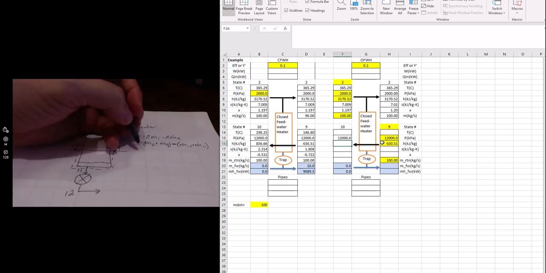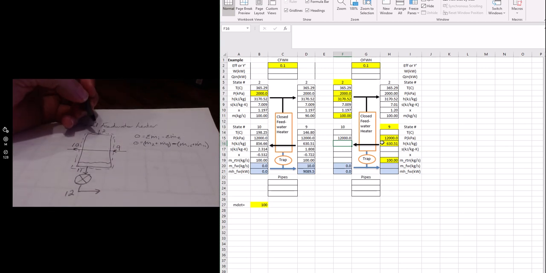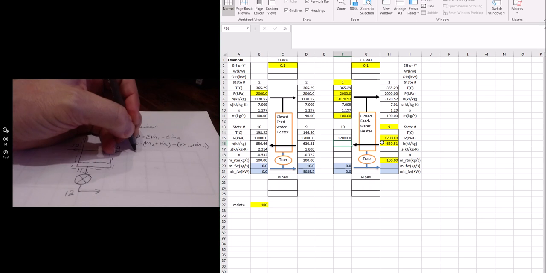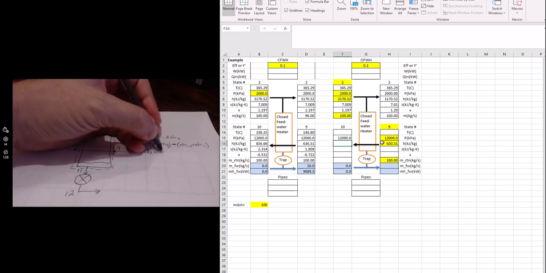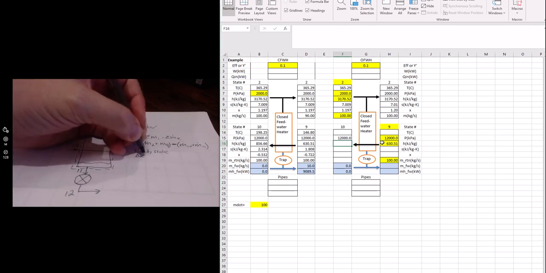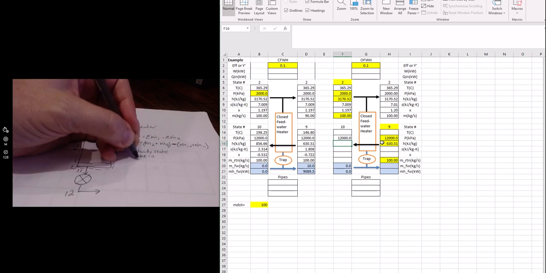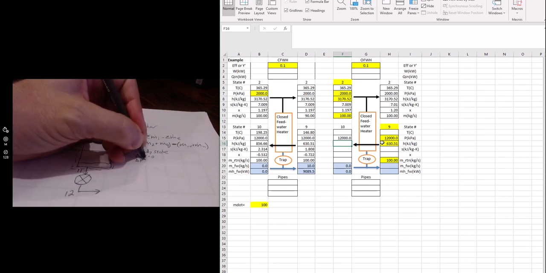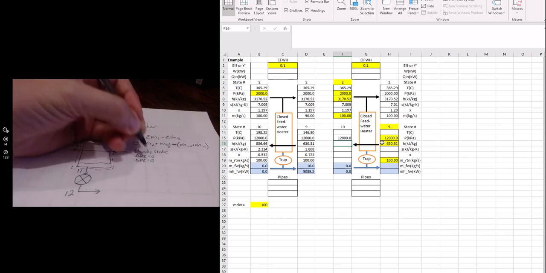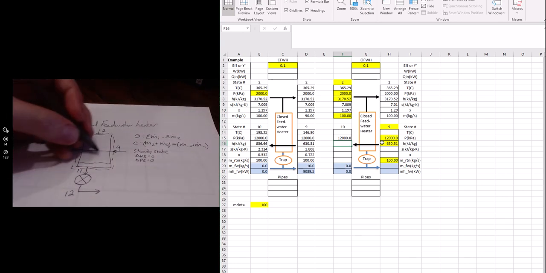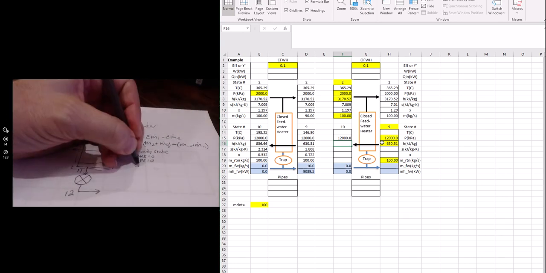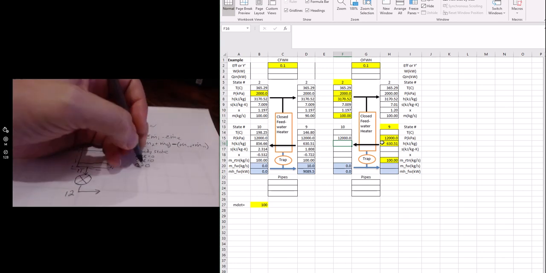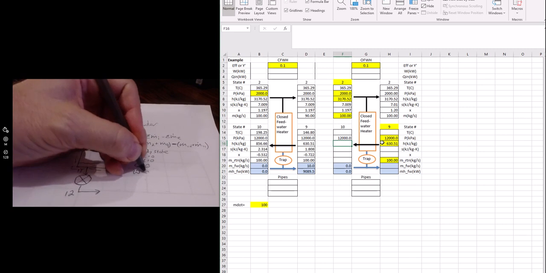Okay, now the first law. So I'm assuming steady state. Change in kinetic is 0. Change in potential is 0. Across this boundary, there's no heat transfer. There is heat transfer inside, but heat transfer across the boundary is 0, and there's no work.